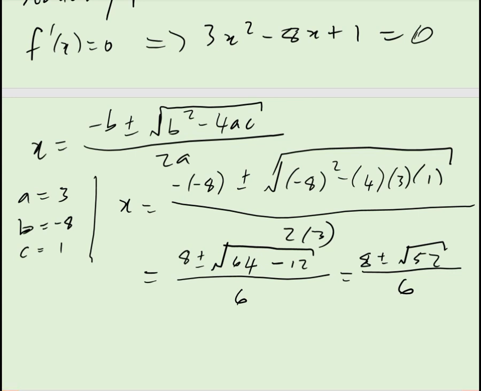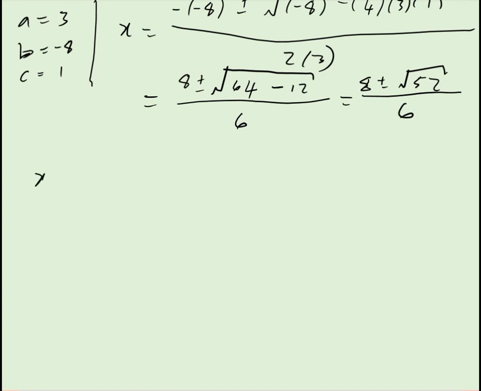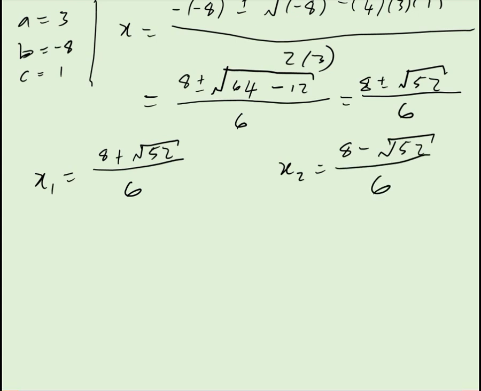We're going to get two solutions, one where we take the plus and one where we take the minus. So x1 will be 8 plus the square root of 52 over 6, and x2 is 8 minus the square root of 52 over 6.